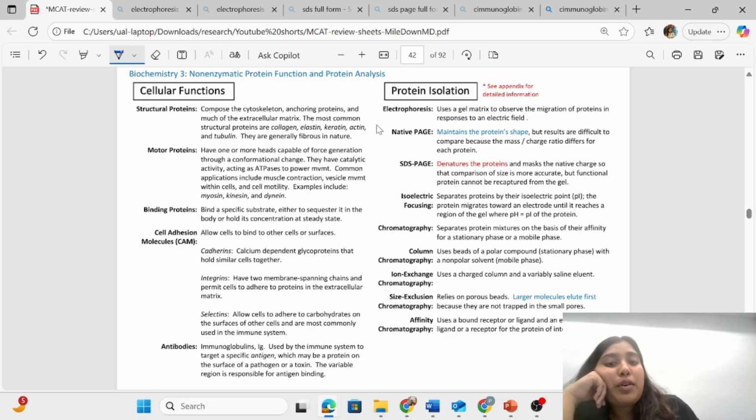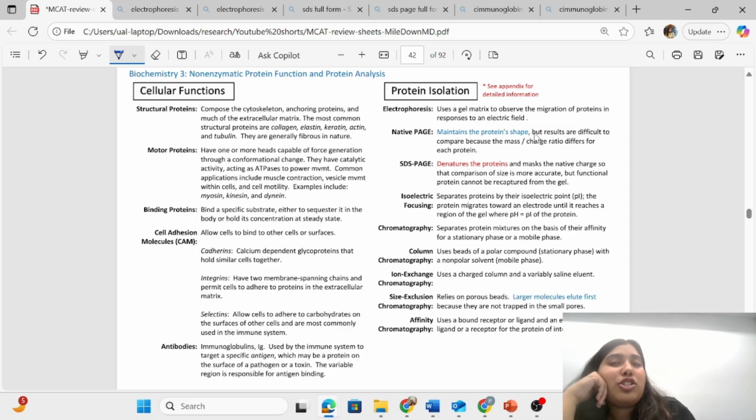A type of electrophoresis is native PAGE. PAGE means polyacrylamide gel electrophoresis. That's the full form of PAGE. Native PAGE maintains the protein shape. It does not break the protein or change the mass or the charge of the protein. The protein is intact.